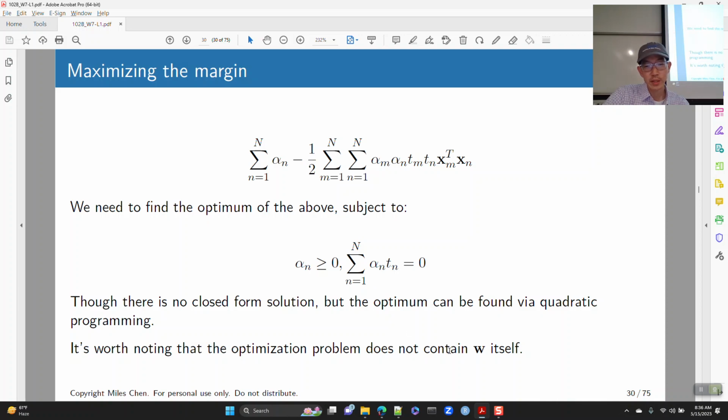And the optimization problem doesn't contain w itself. So you can, again, think of what this is working through.